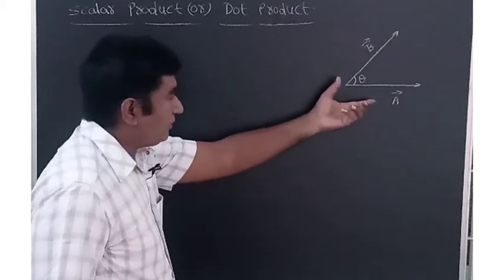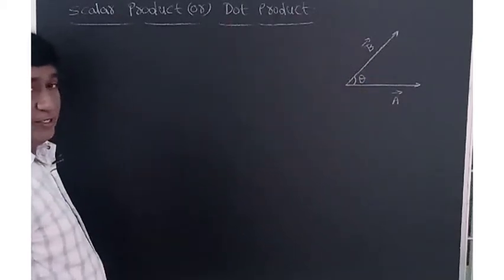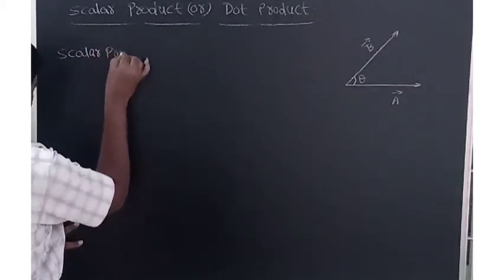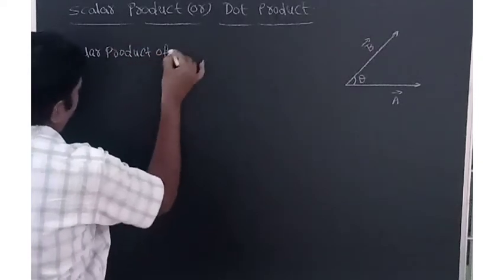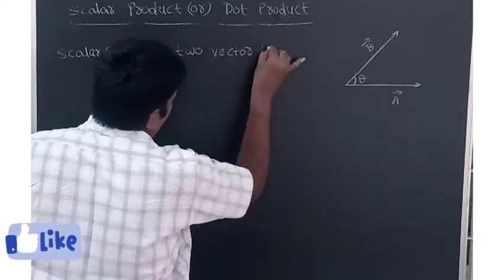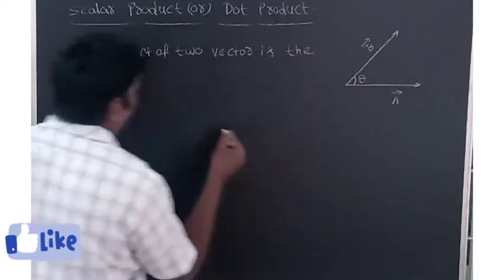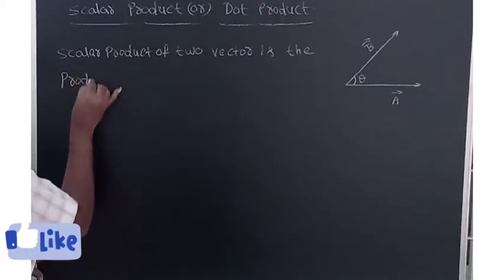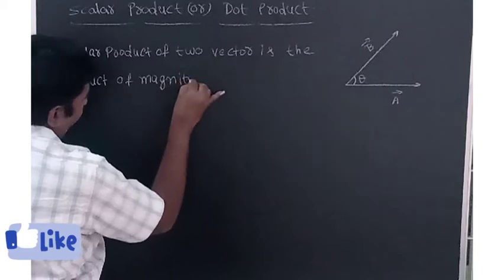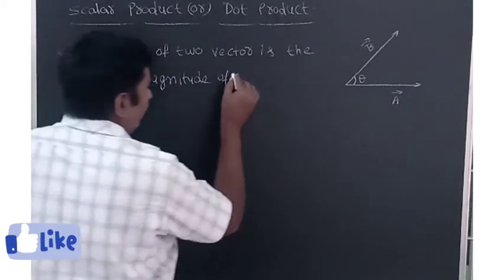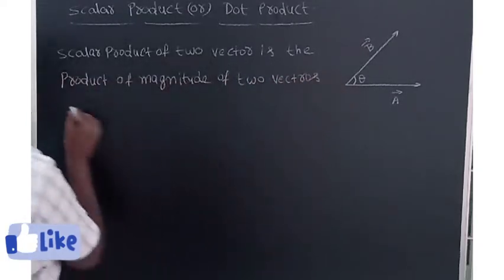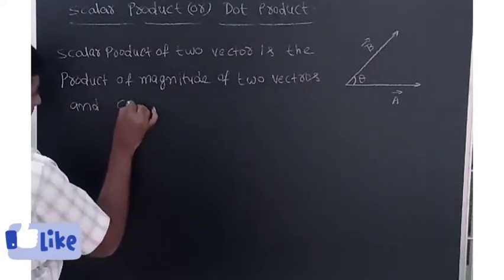Before going to discuss that, I am going to give the definition. The scalar product of two vectors is the product of the magnitudes of the two vectors and the cosine of the angle between them.